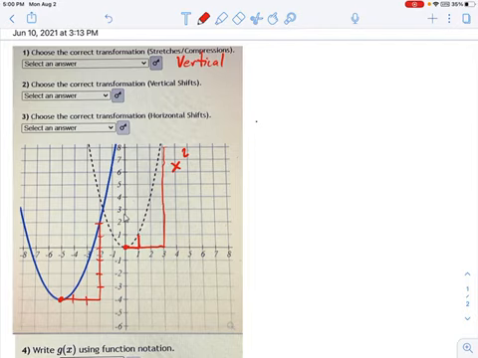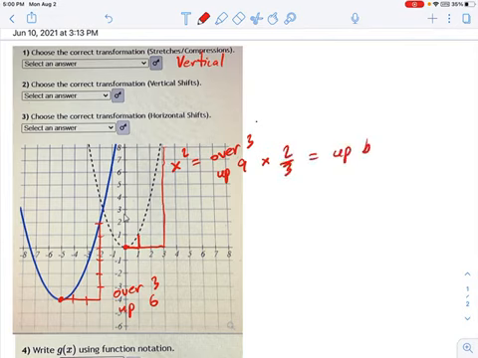So if that's x squared, then that means over 3, up 9. And mine did over 3, up 6. So how do you turn 9 into 6? That's the question here. Well, you multiply it by 2/3, and that equals up by 6.